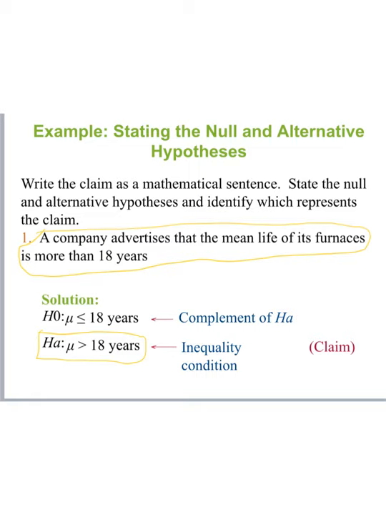Once I know this, I can fill in the null hypothesis, because it's going to be the opposite, the complement, and we always just assume equality. And we have to make a note for ourselves of where the claim is, because we will forget it when we go through the steps. So now I have a pair of hypotheses, null and alternative.